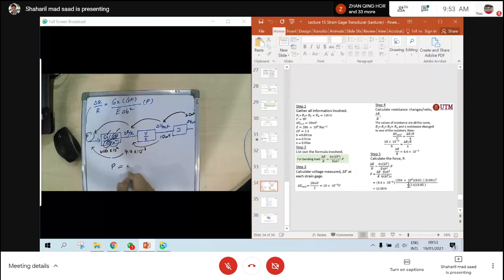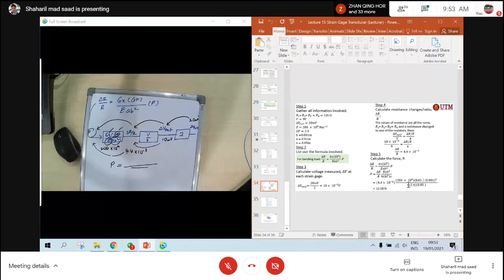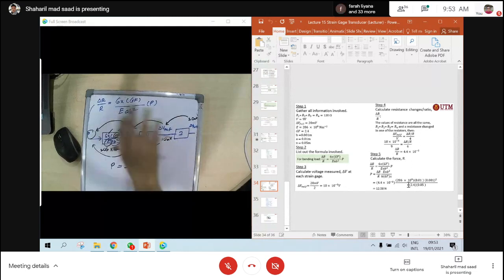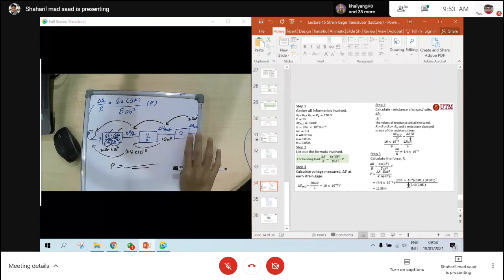Okay. Right. So the more important thing, you need to understand the relationship between all of these. So this bending load cell, you apply it to the Wheatstone bridge, and then from the Wheatstone bridge you will get the final one, we call it delta V full.